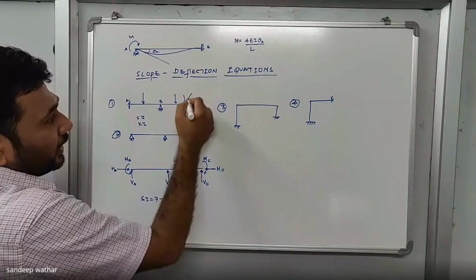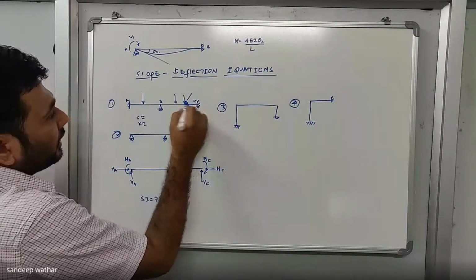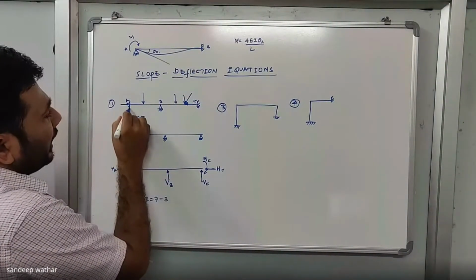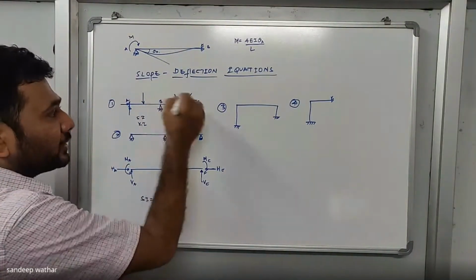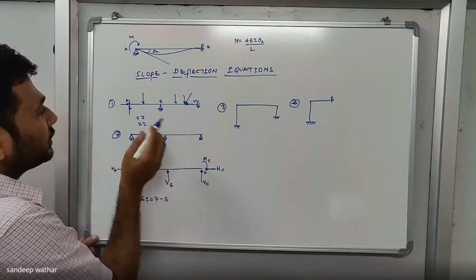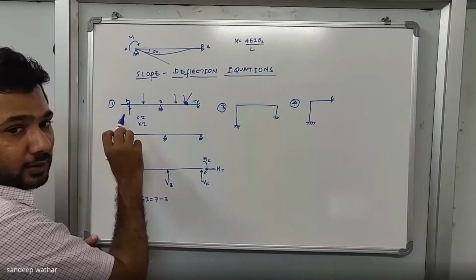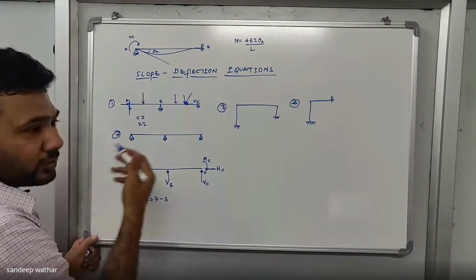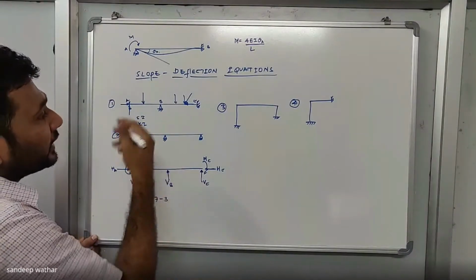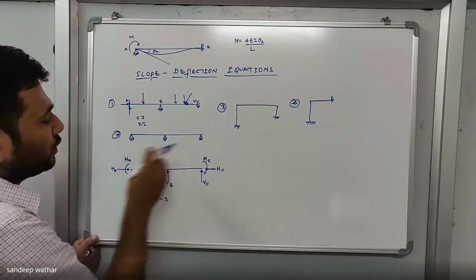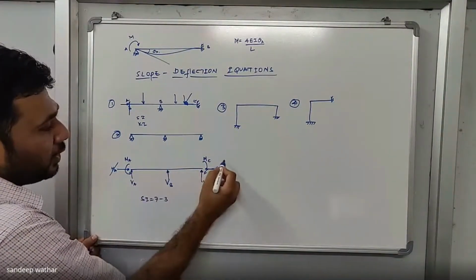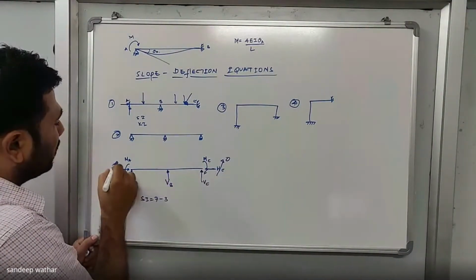So this inclined force can create the horizontal reaction, and it also creates the vertical reaction. So only in case of an inclined force or horizontal force will the horizontal reactions be created. In most of the problems that we solve, there is no horizontal force. If there is no horizontal force, there is no need to consider the horizontal reactions also.